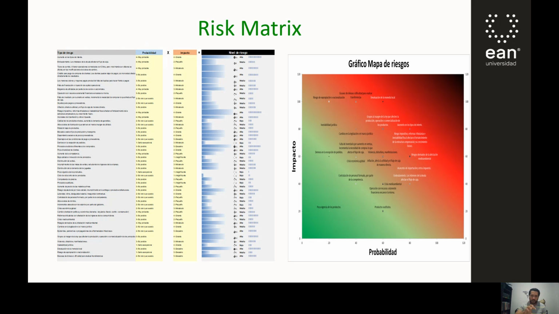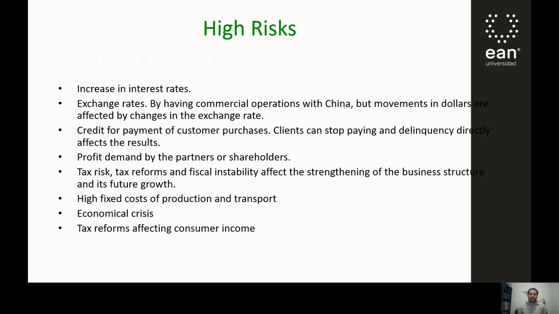After that, we can put all this information in a graphic map. One of the highest risks of this matrix are the following: increasing interest rates, exchange rates, credit for payment as customers purchase, and profit demand by the partners or shareholders.